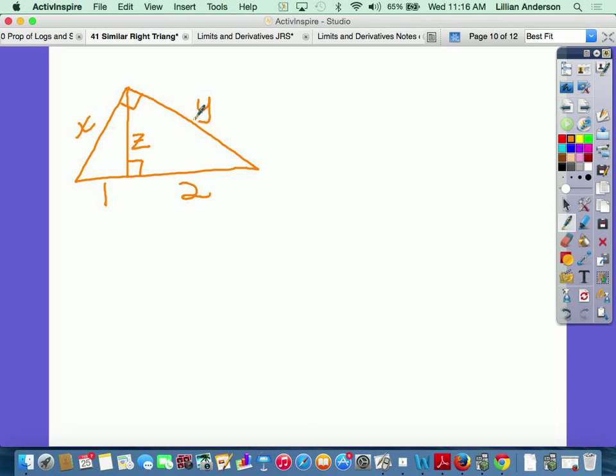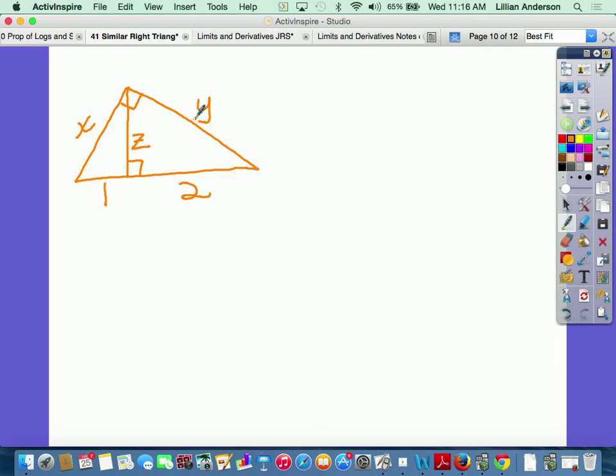That is x. That is a y. And then what's next? All right. So, which variable would you solve for first? X, maybe. Z, the altitude.